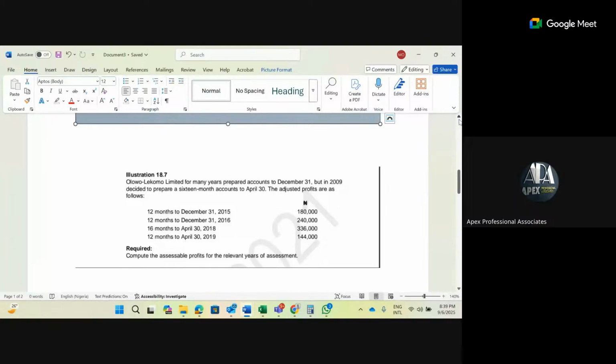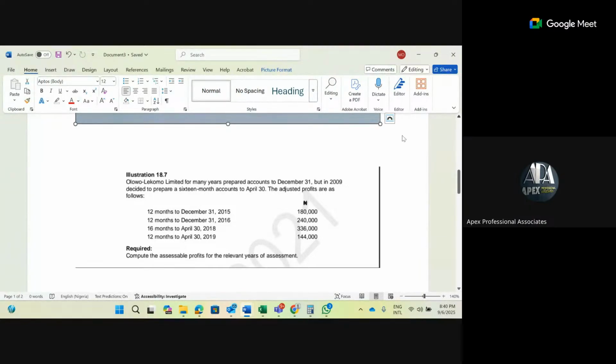We have 12 months to December 31, 2015, 180,000. 12 months to December 31, 2016, 240,000. 16 months to April 30, 2018, 336,000. And 12 months to April 30, 2019, 144,000.